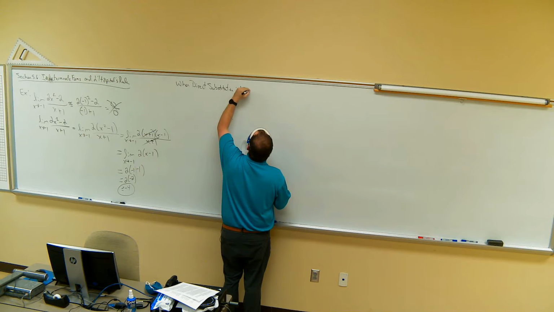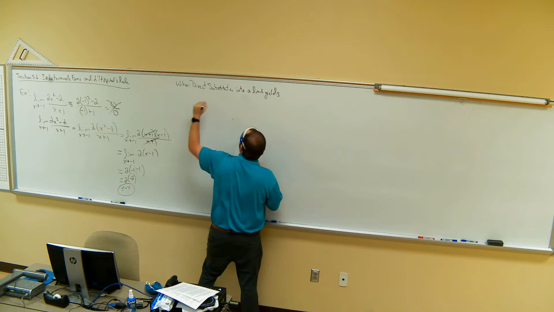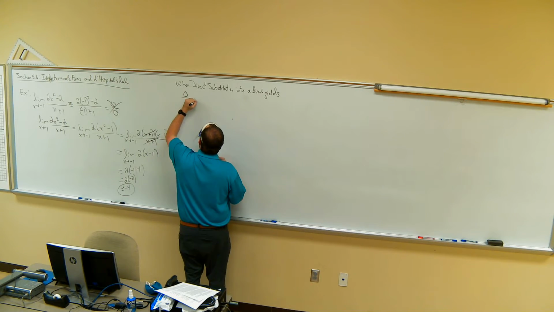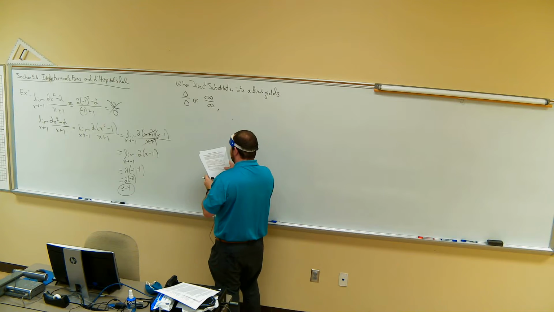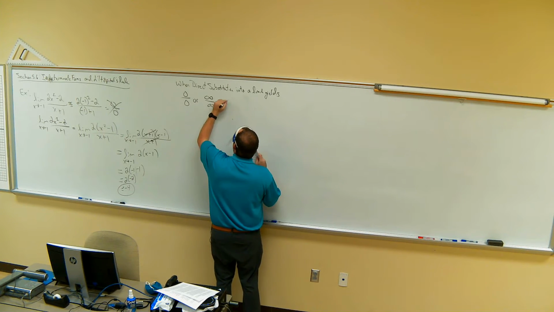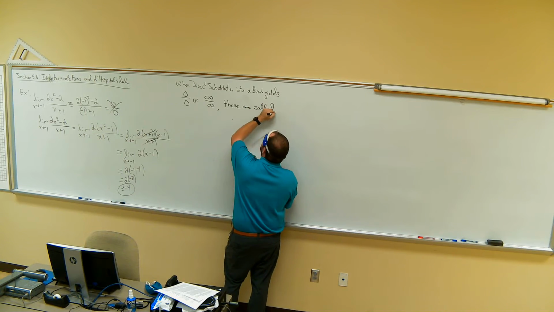So when direct substitution into a limit yields 0 over 0 or infinity over infinity, these are indeterminate forms.